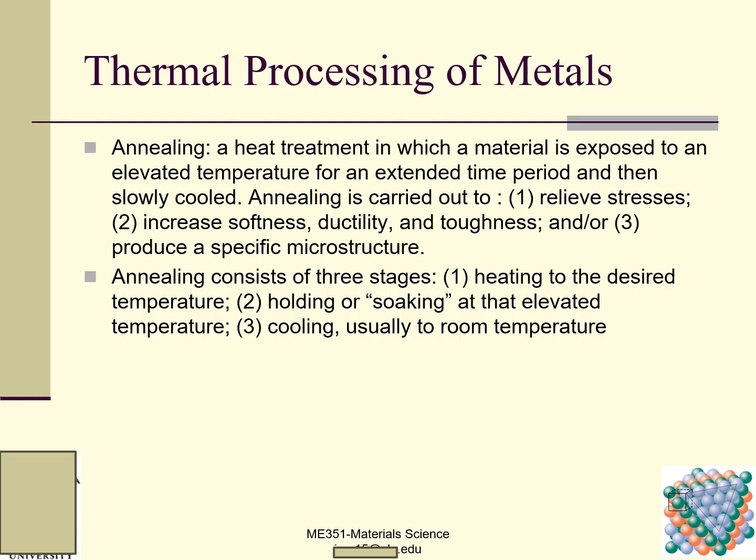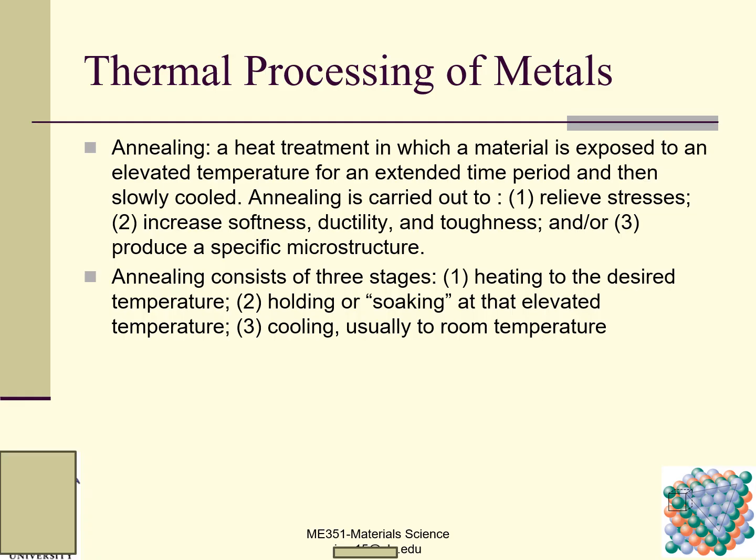Annealing is carried out for purposes that include relieving stresses, because at high temperature the residual stress can be released, increasing softness, ductility, and toughness. And the third purpose is to produce a specific microstructure.